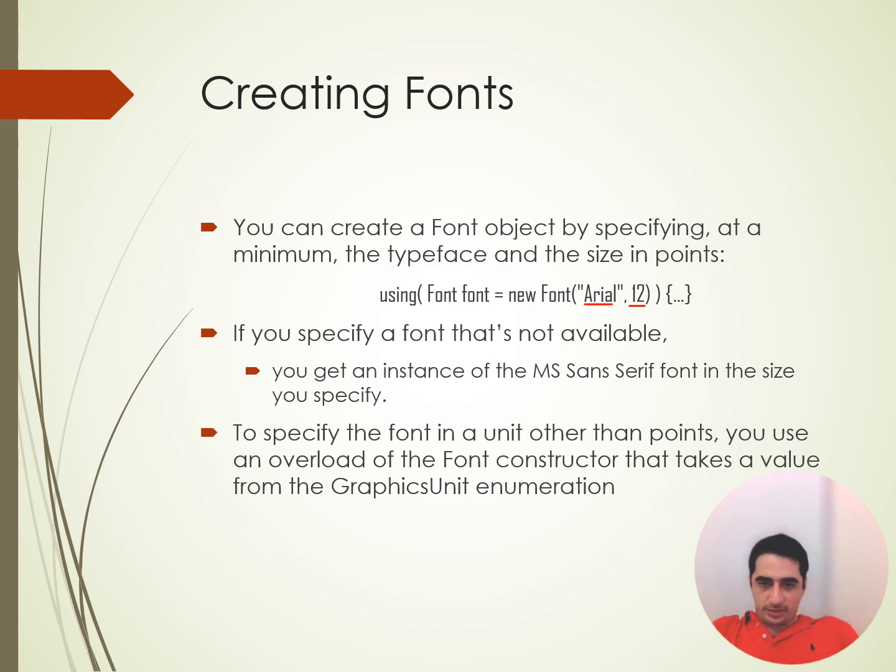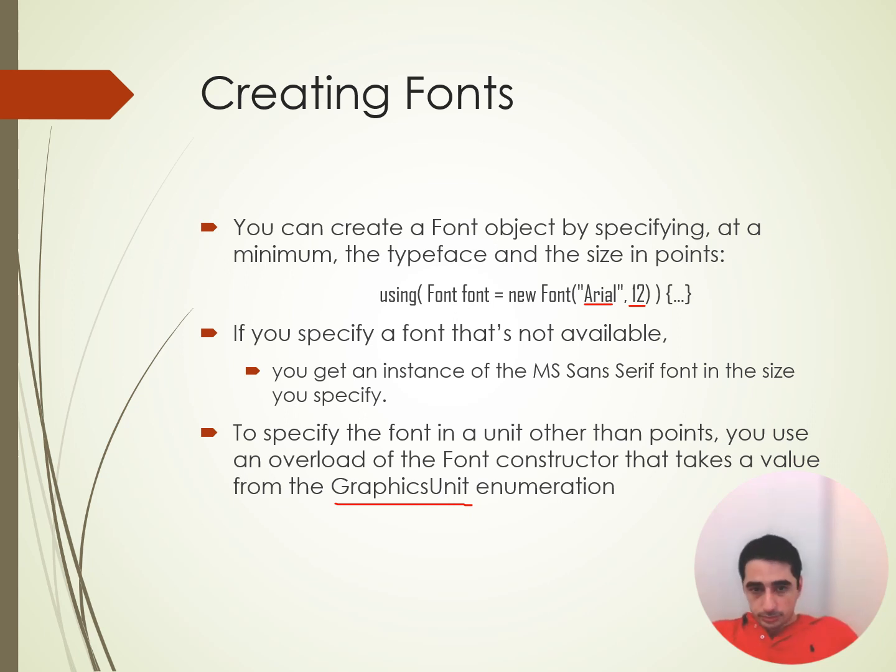If you want to have a different measurement unit for the font size, you can use an overload of the Font constructor that takes a value from the GraphicsUnit enumeration. So remember this GraphicsUnit enumeration, if you want to specify the size in pixels or in other measurement units.